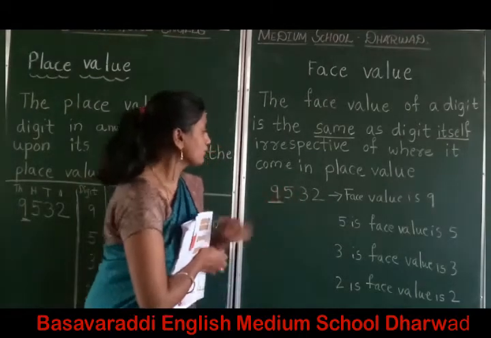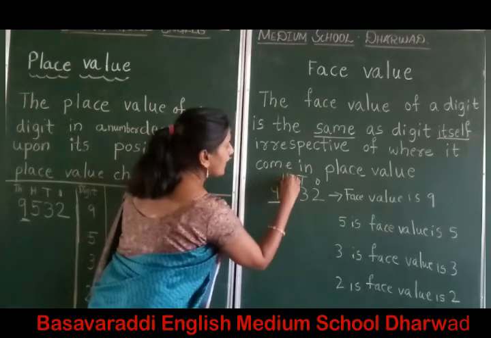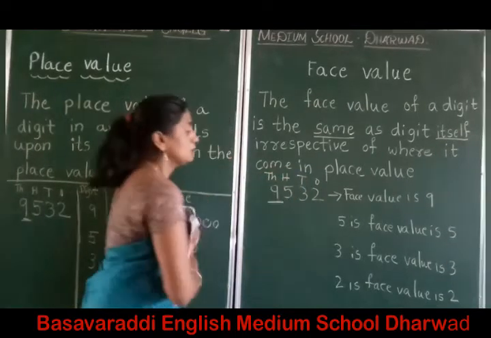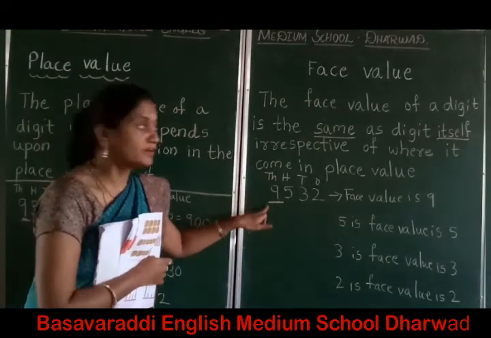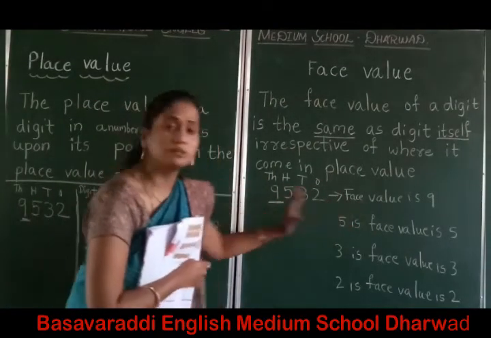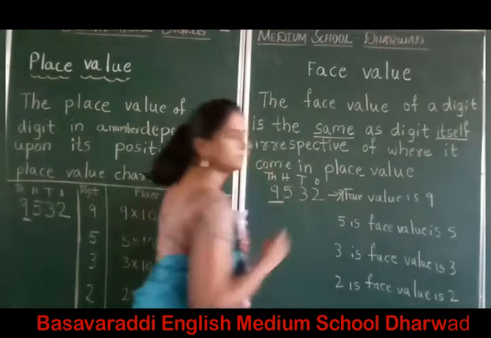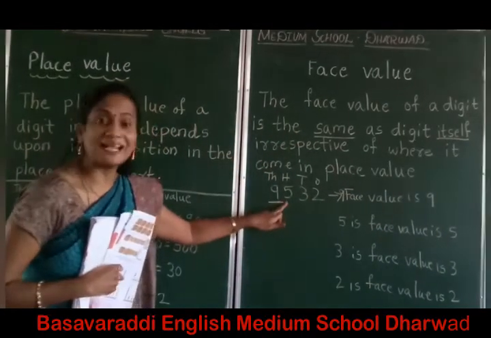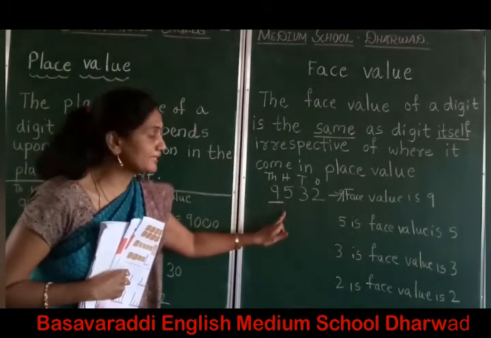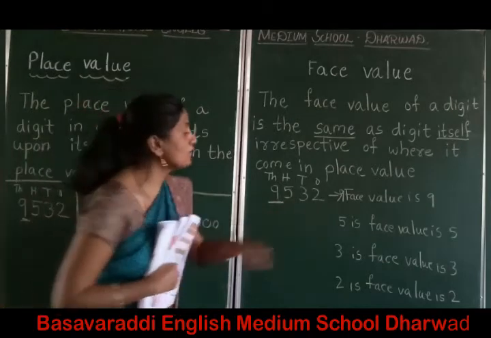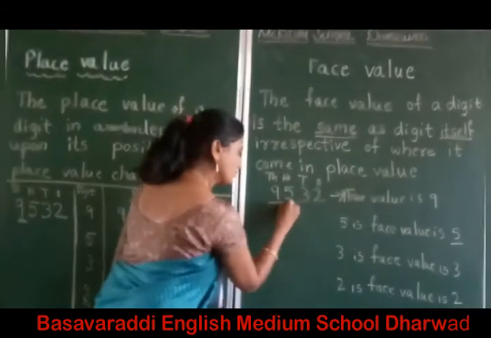So face value, I am taking this is 1's place, 10's place, 100 place, and 1000 place. 9 place value means that is a 9000. If you are counting face value, the 9 is 9 only. Then 5 place value means that is 500. If you are taking face value, 5 is 5 only.